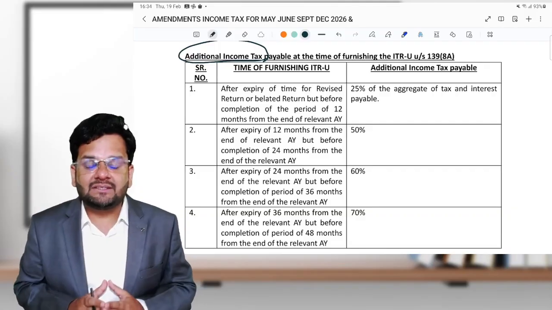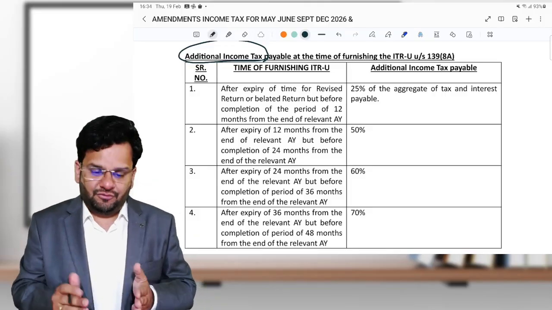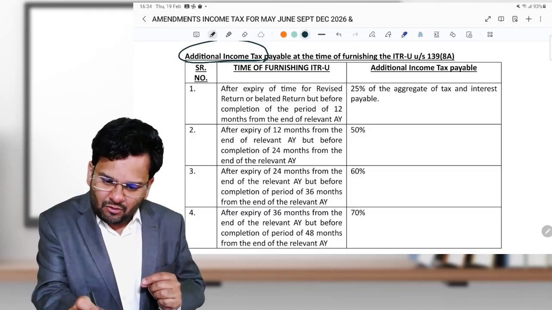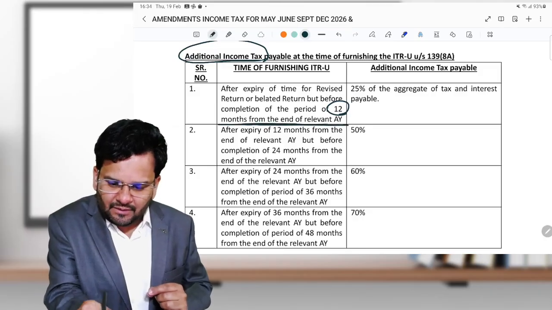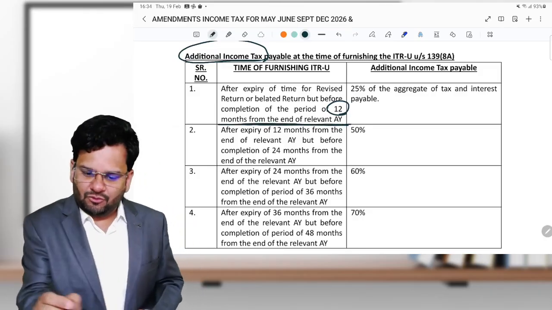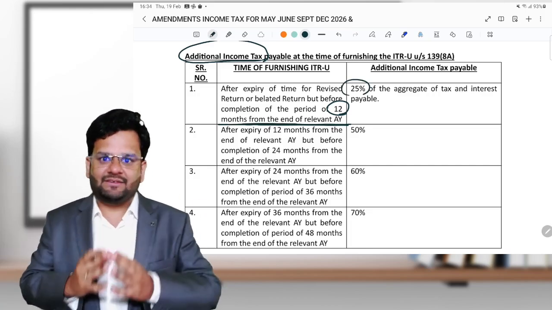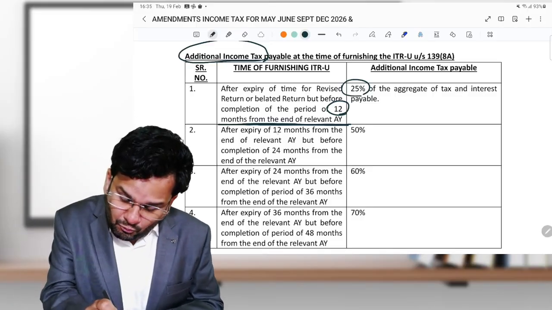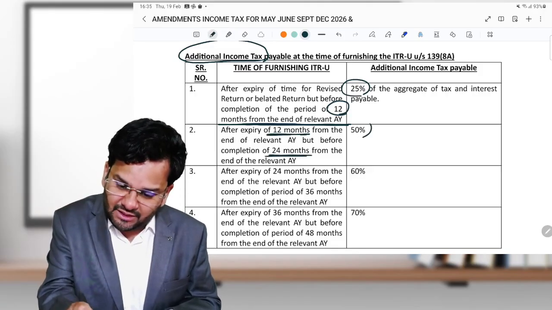Now, how much is that additional income tax payable? If you are filing ITRU within 12 months from the end of the AY, then it is 25% of the total of tax and interest. But if you are filing between 12 months to 24 months, then it is 50%.